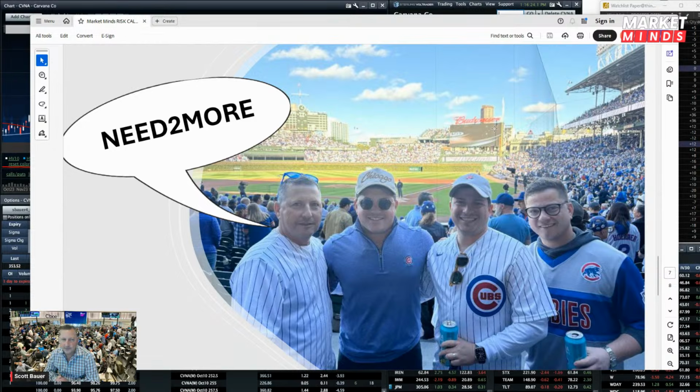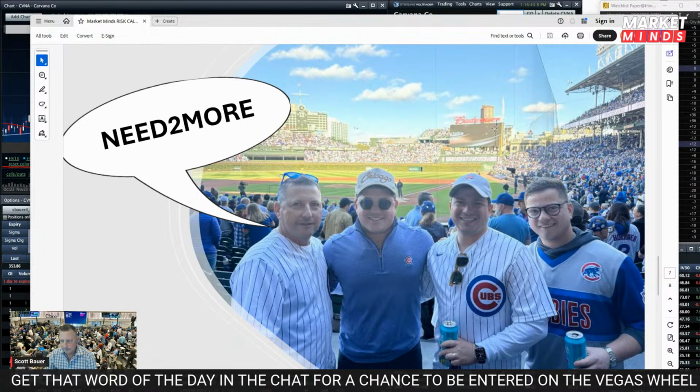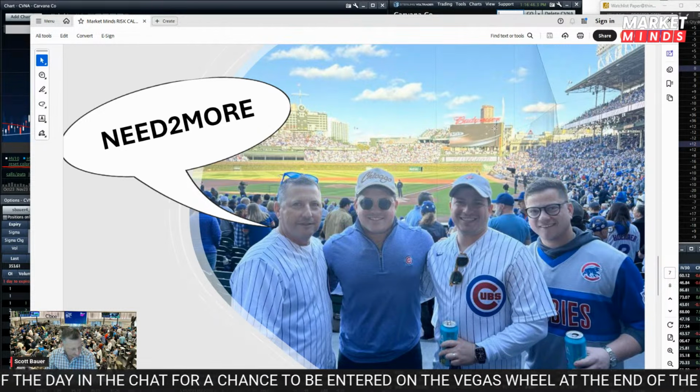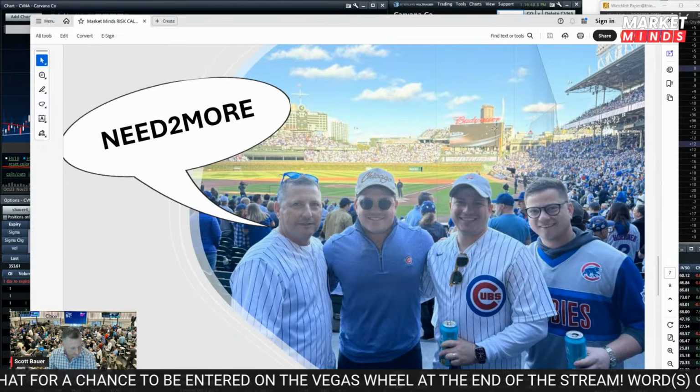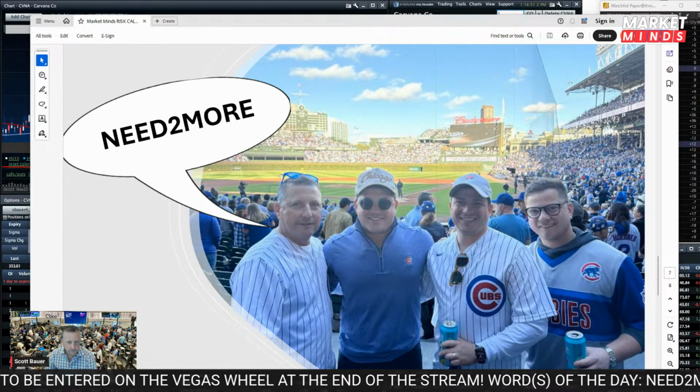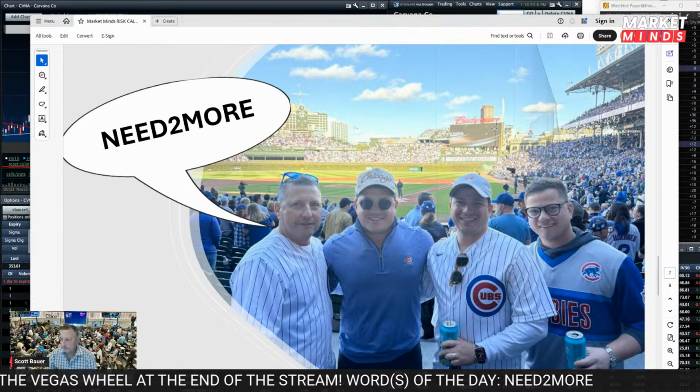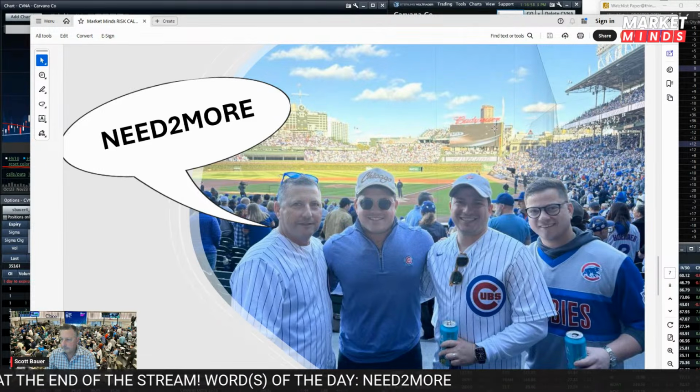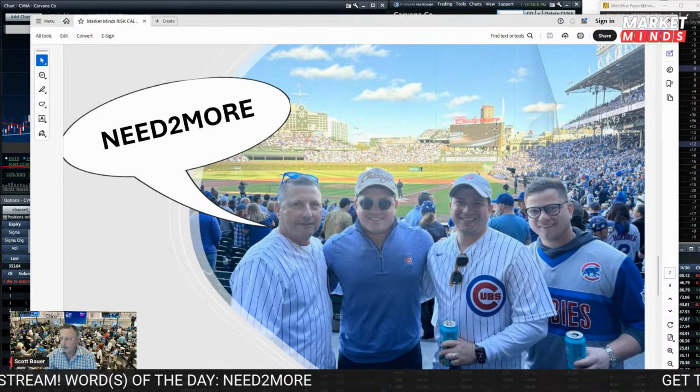Yes, today's jumbled word is need to more. Need to more. That was me and my boys last night at Wrigley, and we are now saying we need to more. All right, love it coming through here.